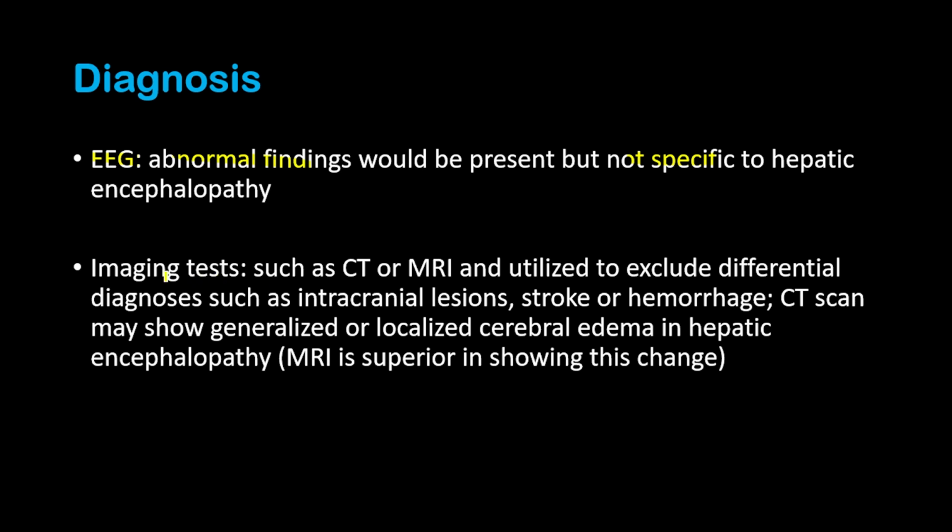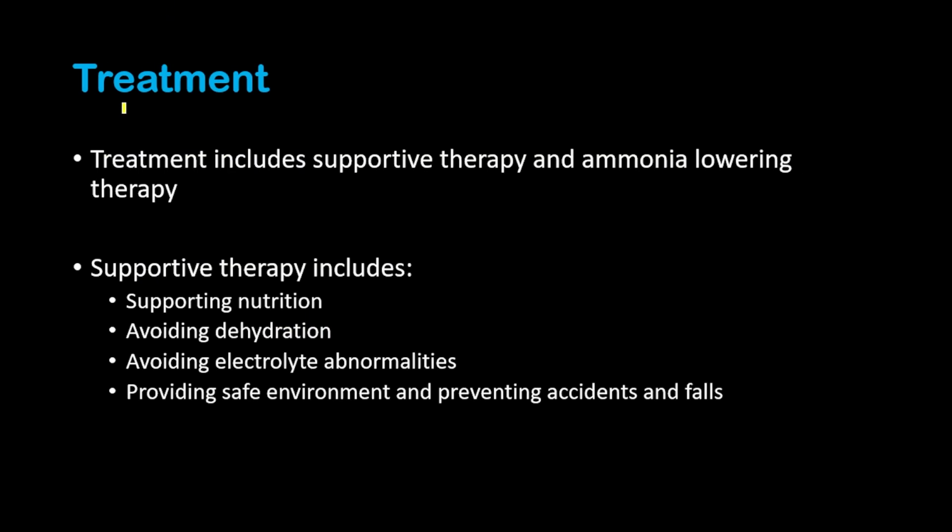Now we also have the imaging tests such as the CT or MRI scans, and those are utilized to exclude differential diagnoses such as intracranial lesions, stroke, or hemorrhage, and the CT scan may show generalized or localized cerebral edema in hepatic encephalopathy, and the MRI is superior to the CT in showing the cerebral edema.